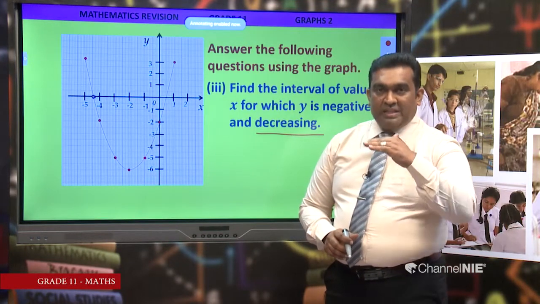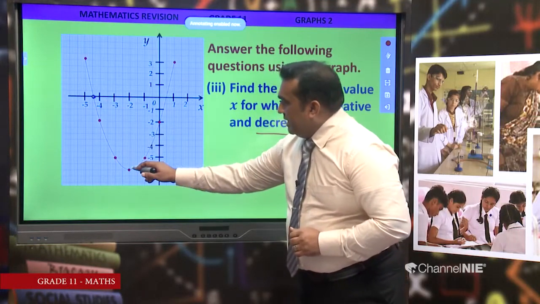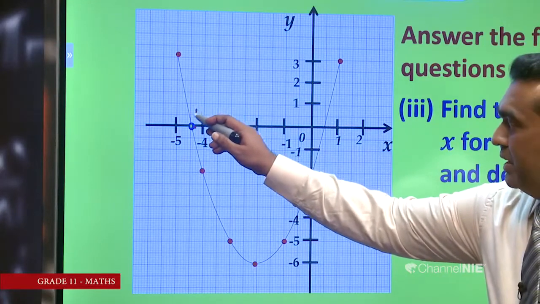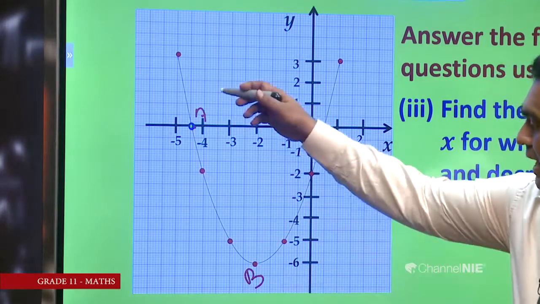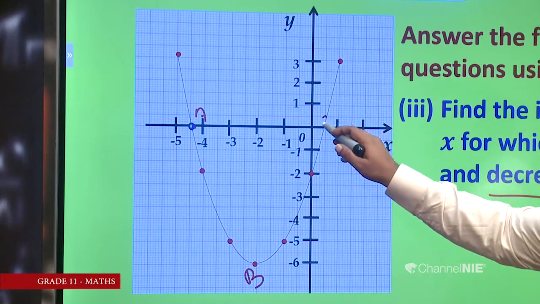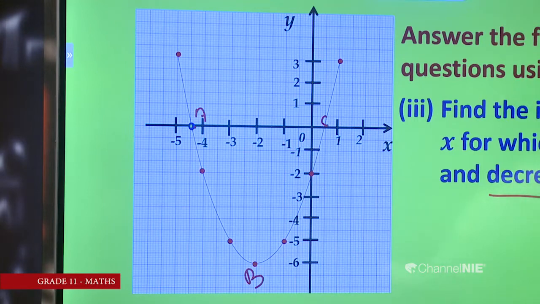Negative below the x-axis, decreasing part here. If you consider here point A, consider here point B, A to B, negative and decreasing. Just consider this as C, B to C, negative and increasing.